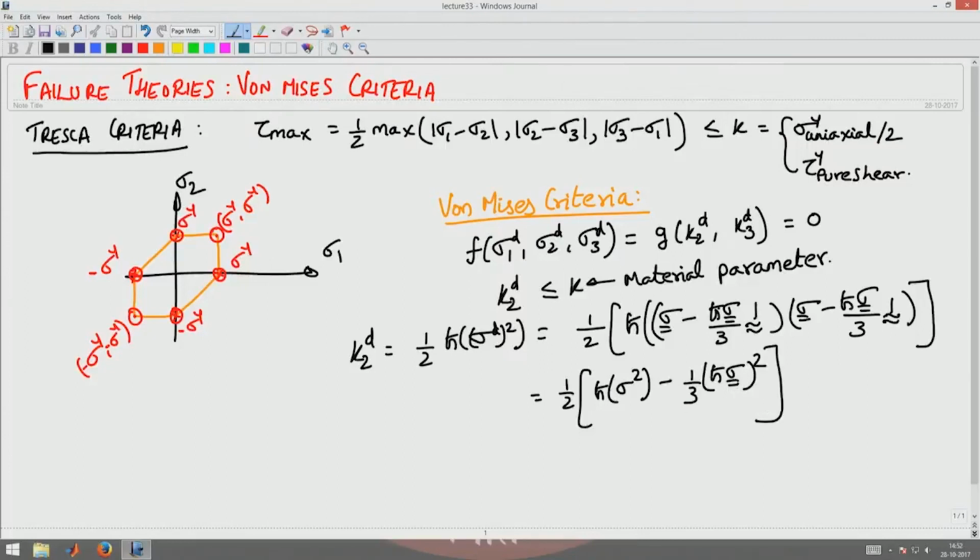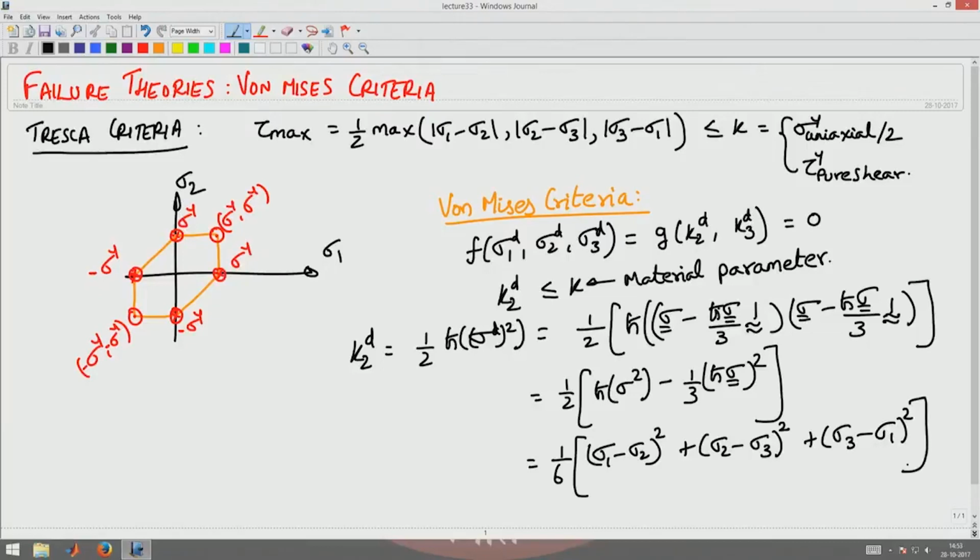This expression can be written as 1 by 6 into sigma 1 minus sigma 2 the whole square plus sigma 2 minus sigma 3 the whole square plus sigma 3 minus sigma 1 the whole square, when I represent sigma in terms of its principal values. So, this is k2d.